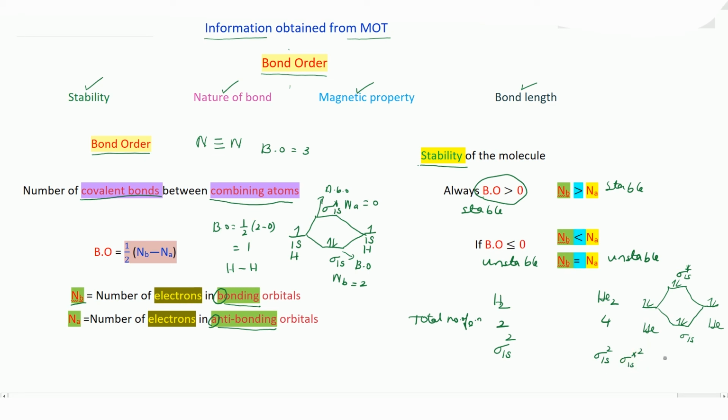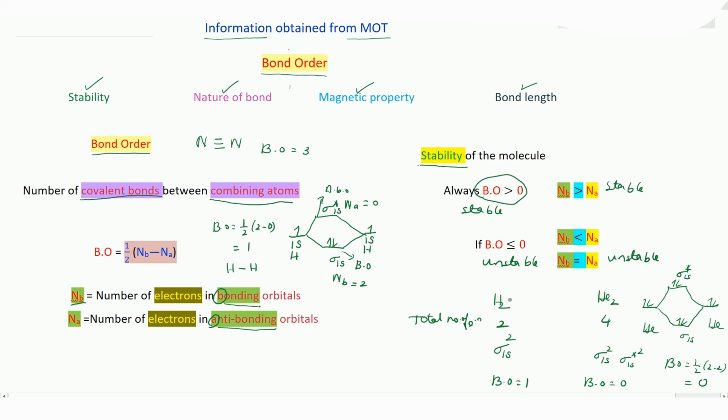Now we can calculate the bond order for this molecule. Bond order will be equal to half into 2 minus 2, that will be equal to 0. So for helium, we are getting the bond order as 0. Here the bond order is equal to 1.